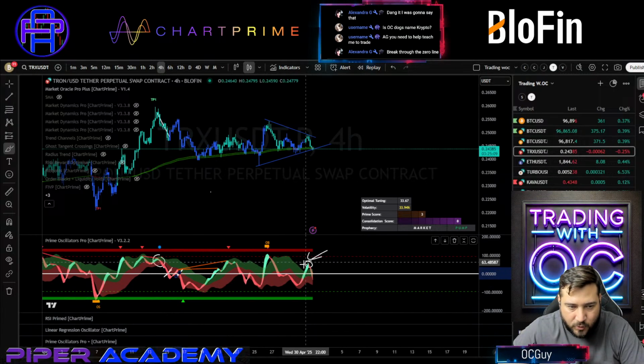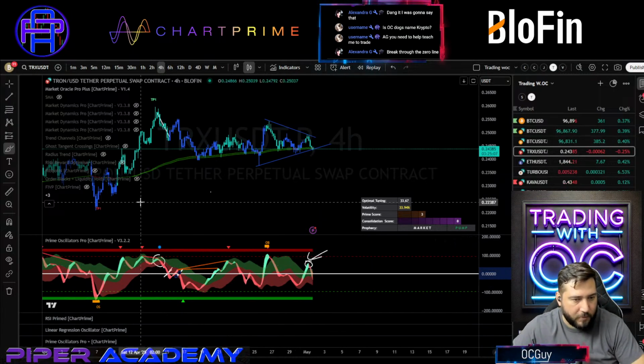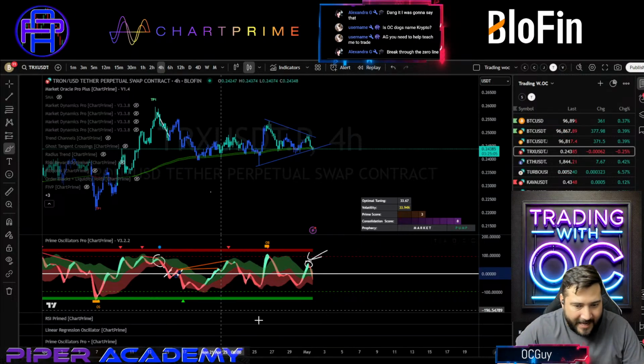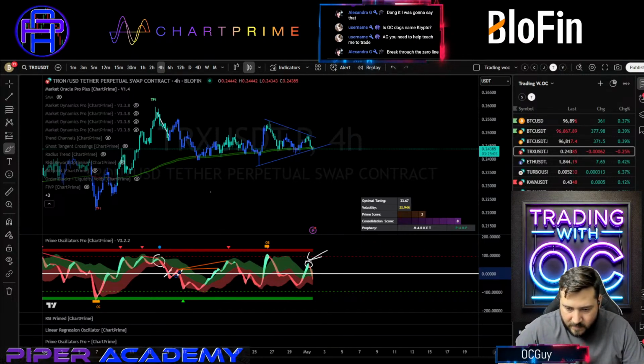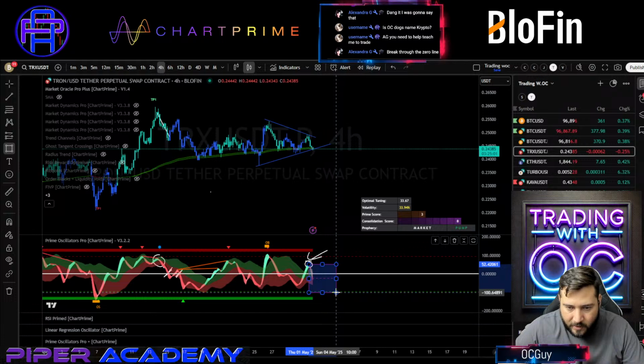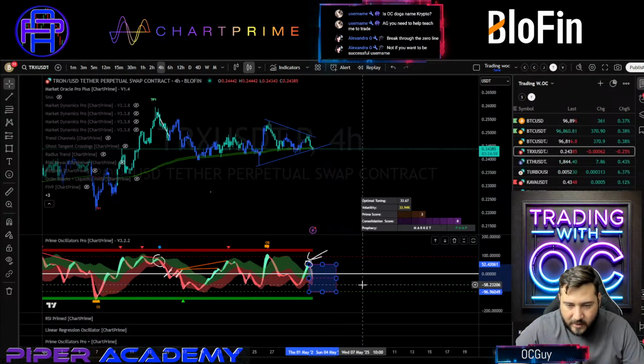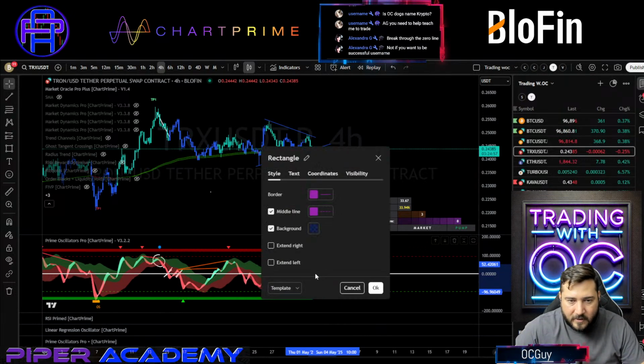But right here, we do have a very sharp flip of the ribbon. So let's use that as our reference. Where is my box? From the flip of the ribbon, I want to make a box as boxy as I can. Let me see, can I do the other one?